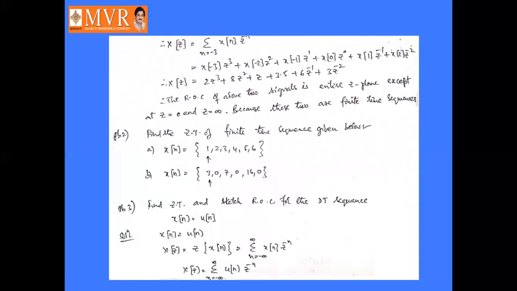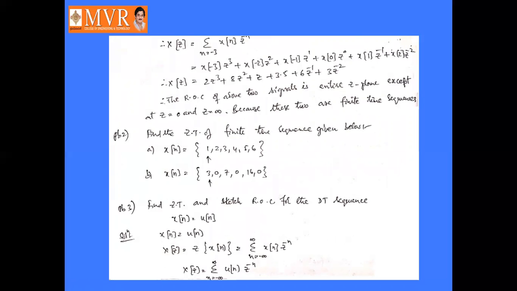For the second sequence also we'll do the same manner. That is X of minus 3 is 2, X of minus 2 is 8, X of minus 1 is 1, X of 0 is 3.5, X of 1 is 6, and X of 2 is 3. It is equal to sigma n is minus 3 to 2 X of n into Z power minus n.